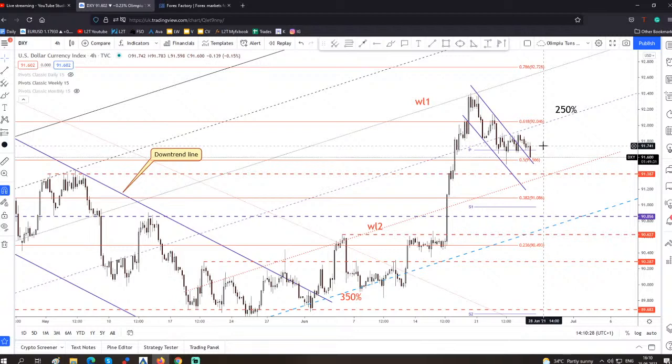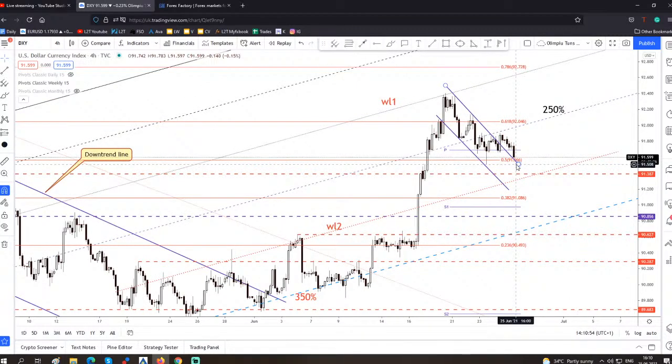Also for the VIPs, we have positions in US 30, very important, Dow Jones Industrial Average. Also we have that long in silver, which is also a free signal. So if the DXY continues to drop, the US dollar will resume its depreciation versus its rivals.